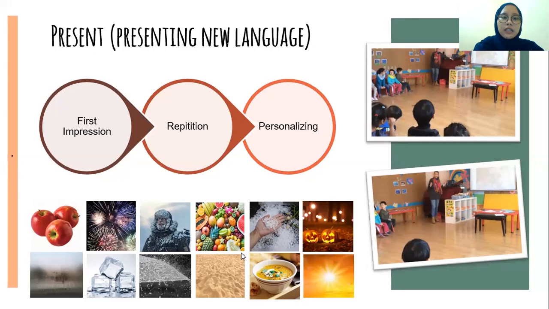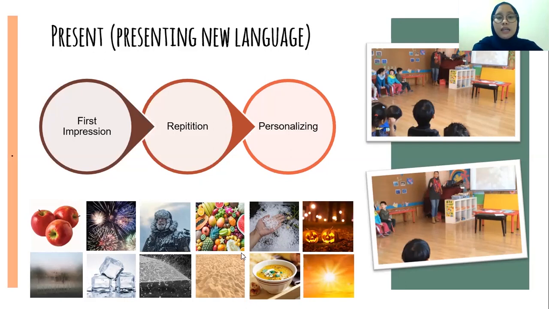And then the second, the teacher does repetition. In repetition, the teacher exemplifies the pronunciation of nouns, and then all the students repeat it with the teacher. The function of repetition is so the students can speak the nouns properly.